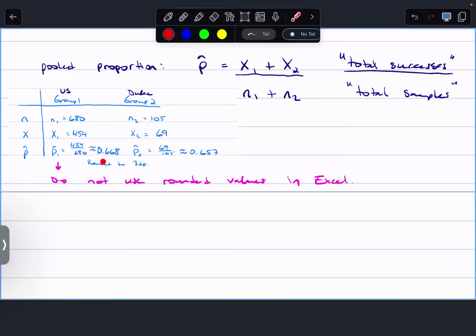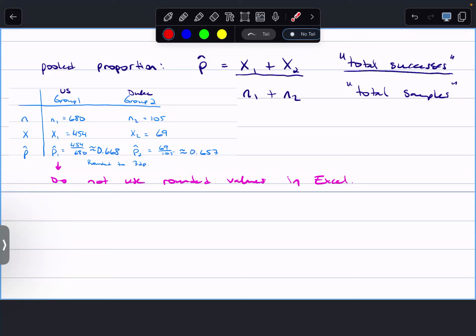And then you can convert them to percentages, but you won't actually have to worry about rounding them. You'll want to keep as many decimal places as you can. All right, thanks. You bet.